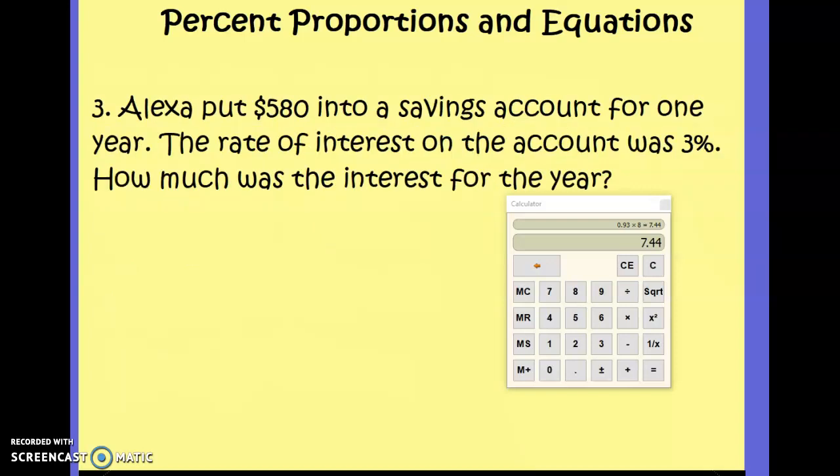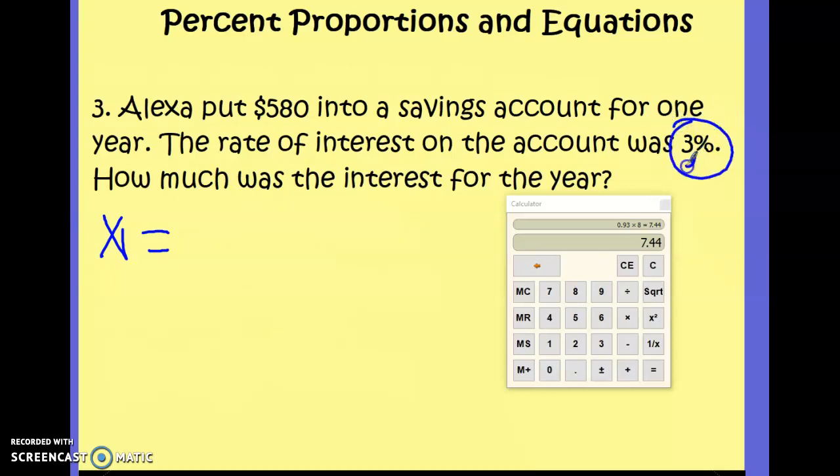Here's our next problem. Alexa put $580 into a savings account for 1 year. The rate of interest on the account was 3%. How much was the interest? Interest is what we get when we're earning money, so we're just finding 3% of that 580. Again, we're trying to find our part. Let me put our percent first: 3%.